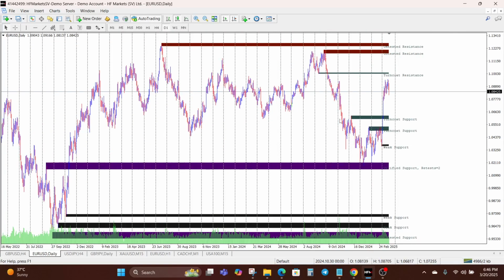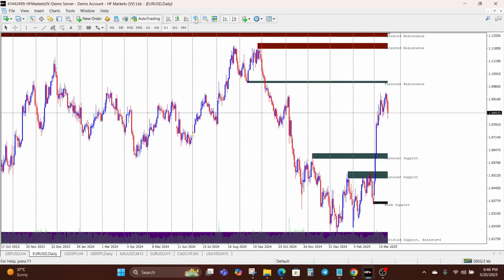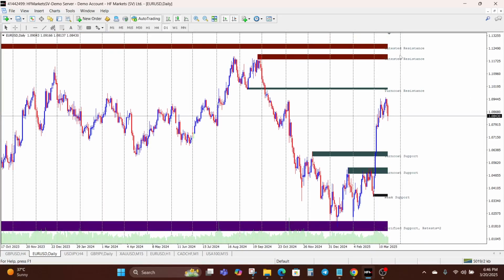Compared to this, which was quite slim, this was quite big. You can see multiple touches. This is a verified support. Then this one is a weak support. You can see how slim it is, and this is a turncoat support. This is a turncoat resistance. This is untested resistance.